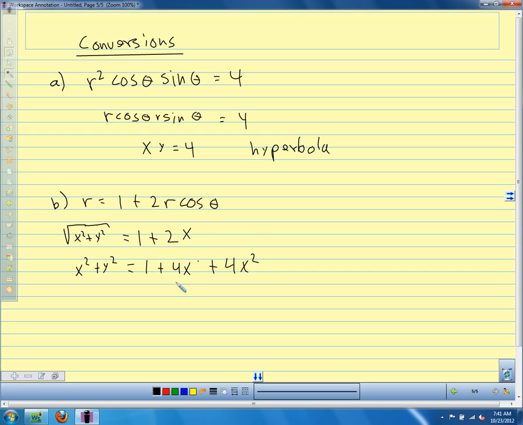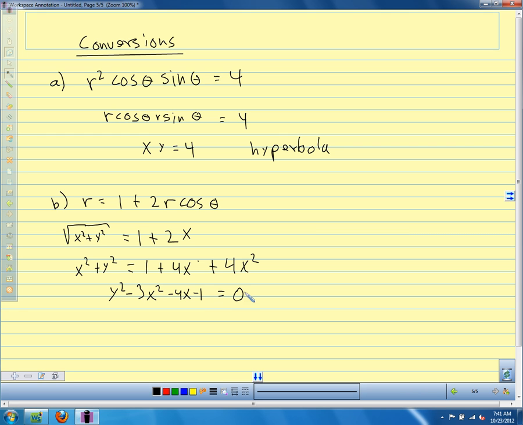And then I can gather everything on one side of the equation if I wanted to. If I rearrange this, I get y squared minus 3x squared minus 4x minus 1 equals 0.